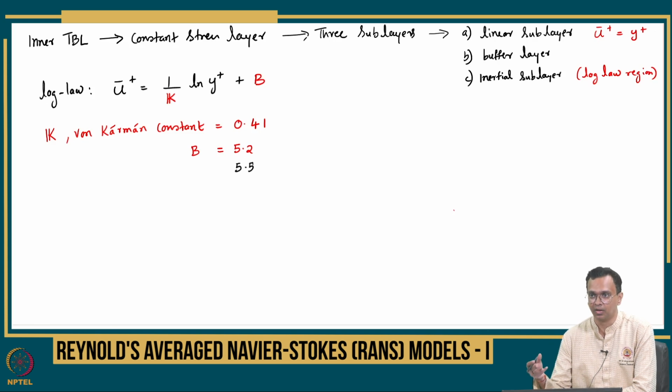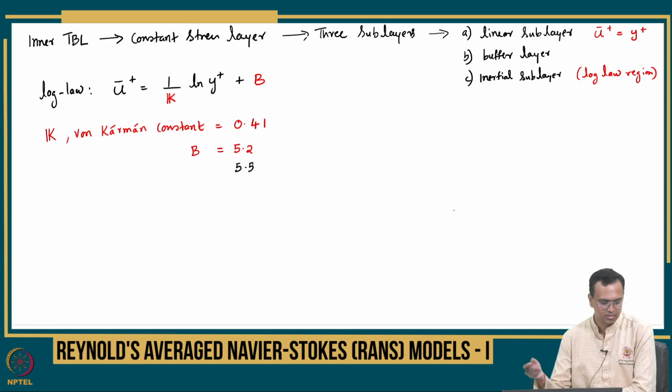If you take a rough wall, depending on the roughness height, many of these layers do not exist, they vanish. Usually in a rough boundary layer, something called a roughness sublayer comes in, replacing the linear and the buffer layer. So depending on the height of the roughness, its influence changes.